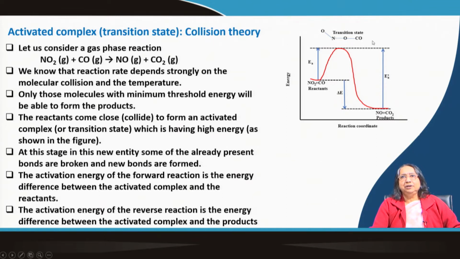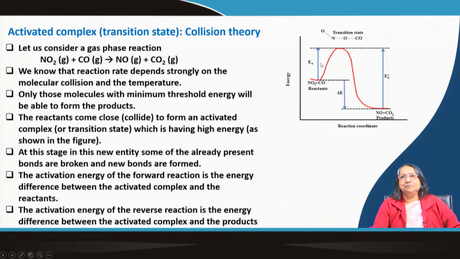So, this is nothing but the activated complex or transition state. Now, activation energy of the forward reaction: when the reactant is going to product, it is a forward reaction, and the activation energy of the forward reaction is the energy difference between the activated complex and the reactant.